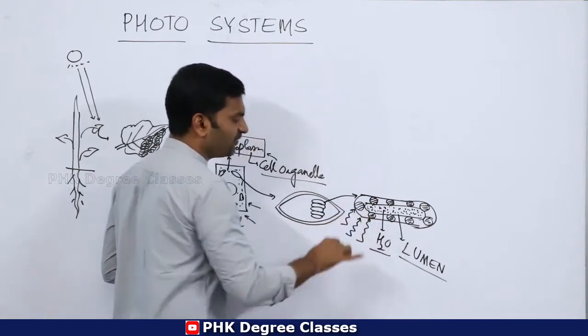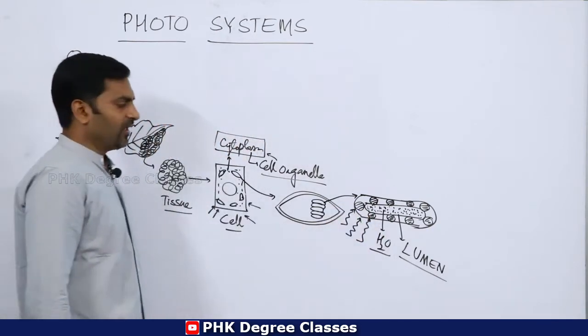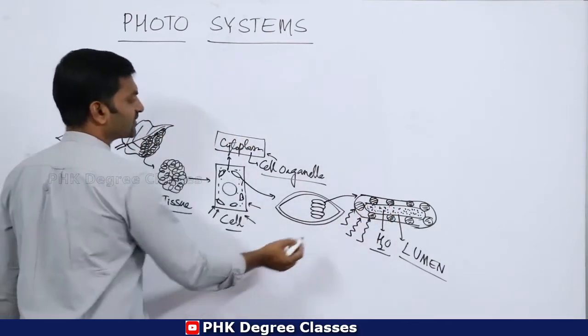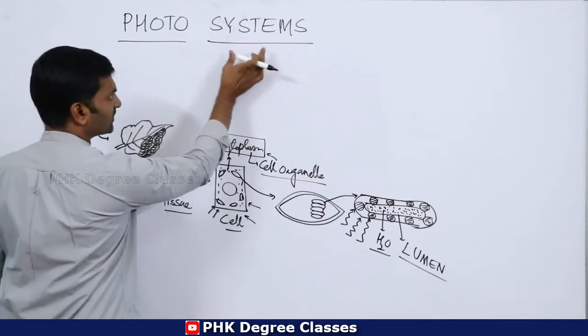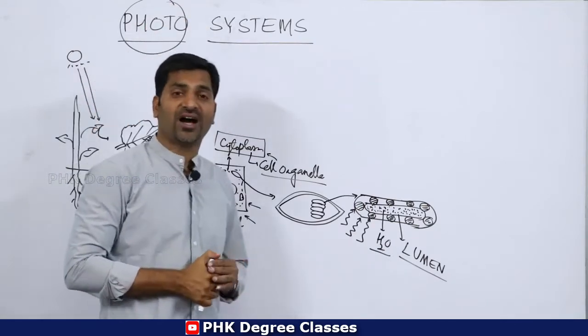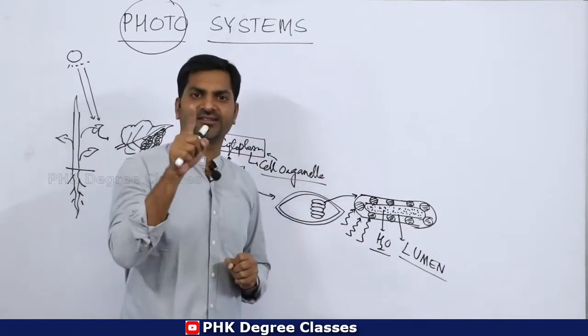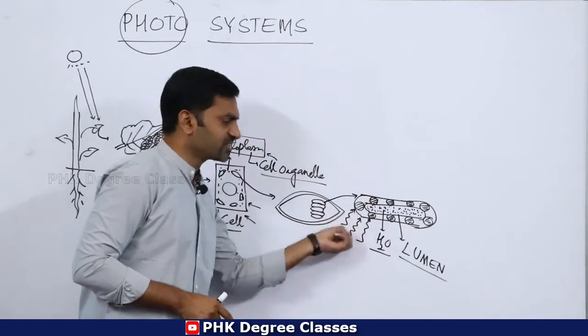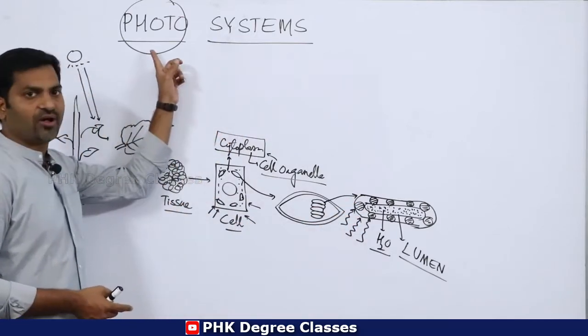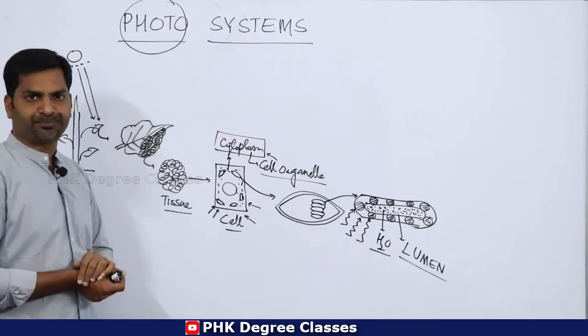These systems are called what? Photosystems. Whenever you hear the term photo, it indicates what? Light. Light means sunlight. These systems receive sunlight, hence they are technically called photosystems.